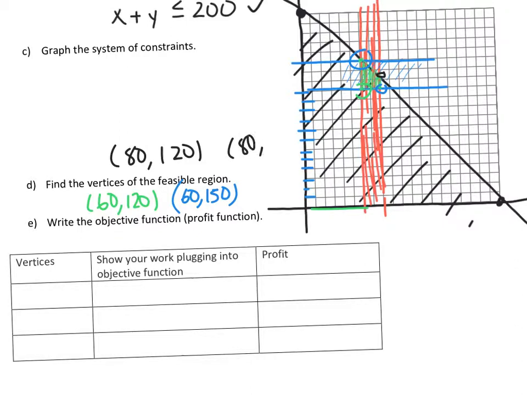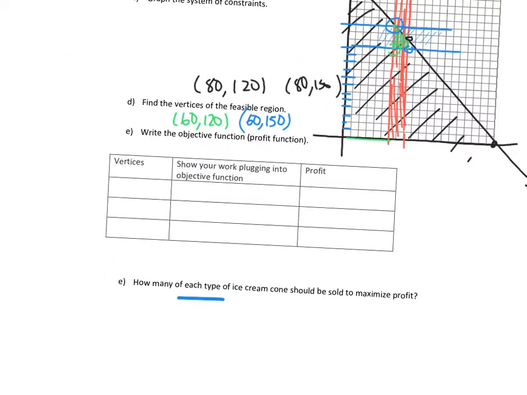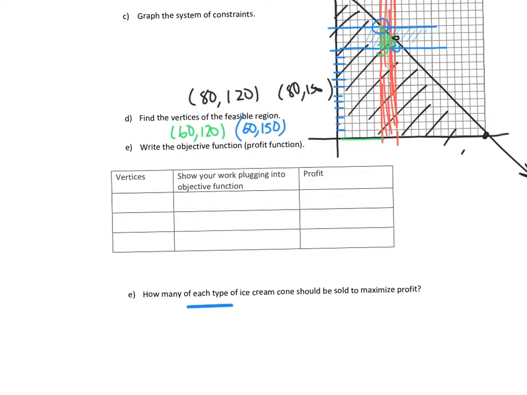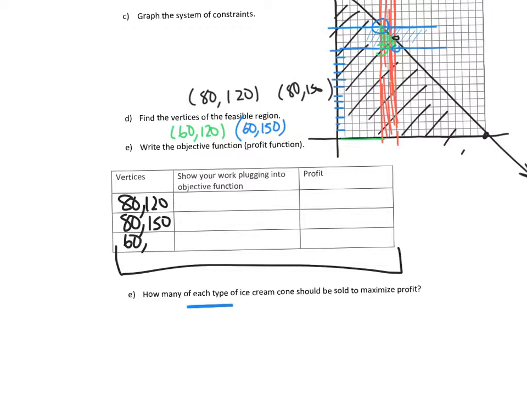So 80, 130. I'm going to write these in here. So my vertices are, I actually have 4, so we're missing one right here. So it's going to be 80, 120, 80, 150, 60, 120, and 60, 150.